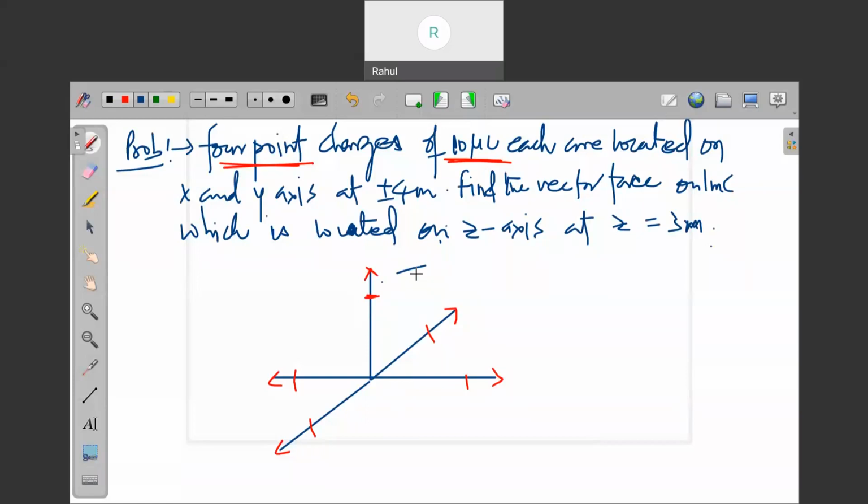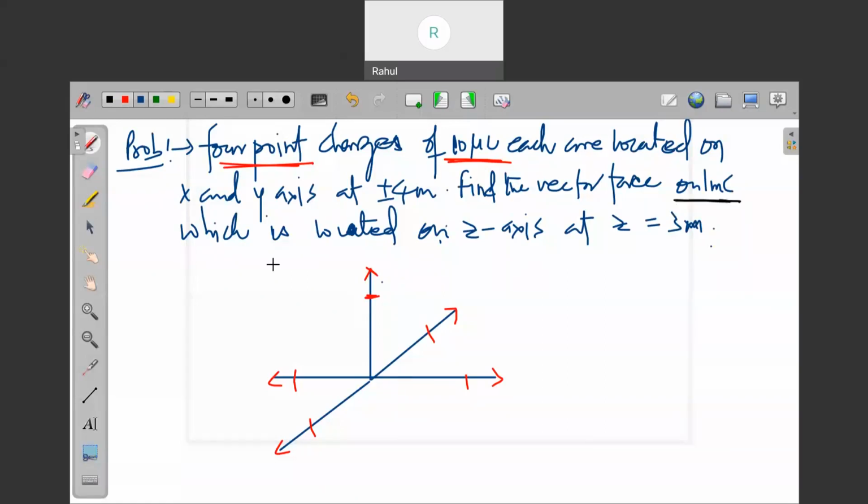That force must be along this, because this is also a positive charge, so there should be a force along the x-axis in the positive direction.